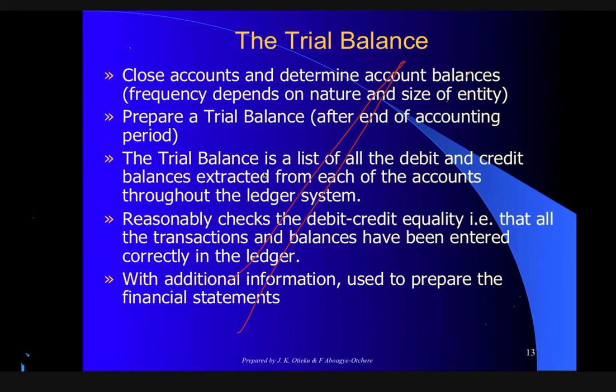Then after the ledgers, we find the balance. When I look at everything, customer A owes me 5,000, and customer B also owes me a certain amount. We sum up all the people who owe you, and that is what we record in the control account, which we find in the general ledger.